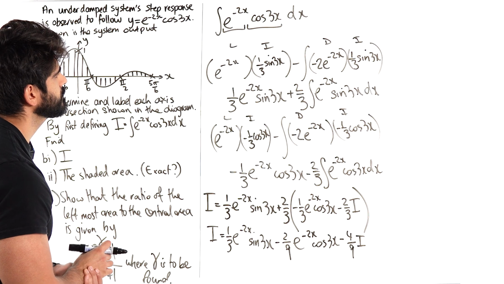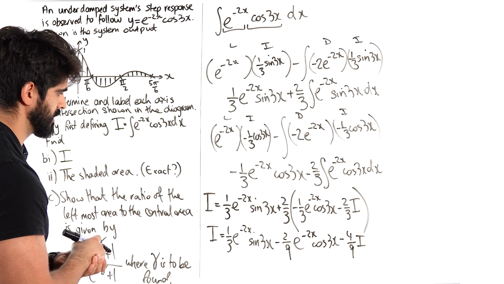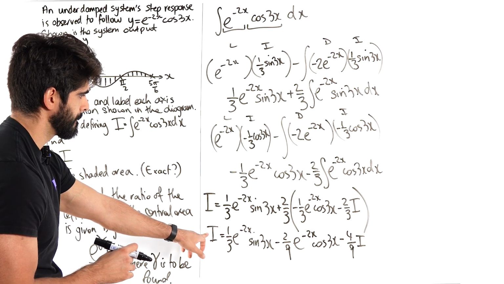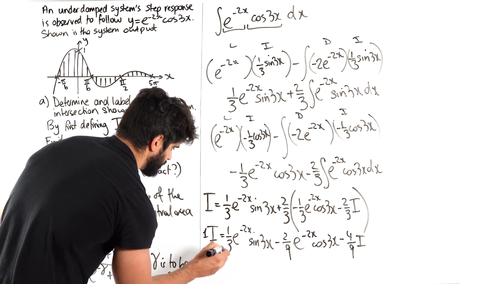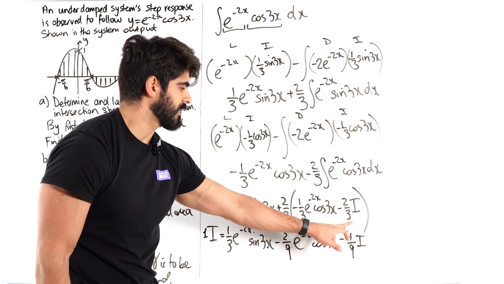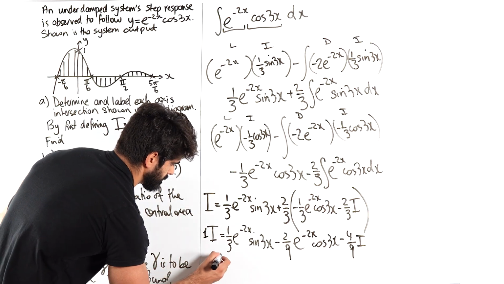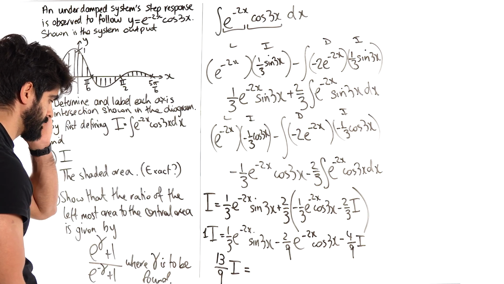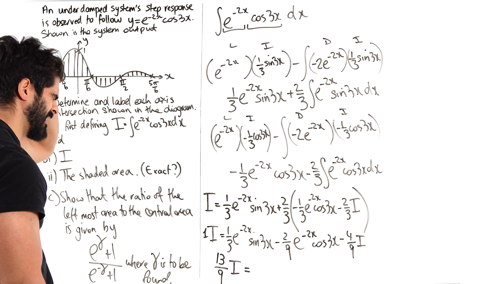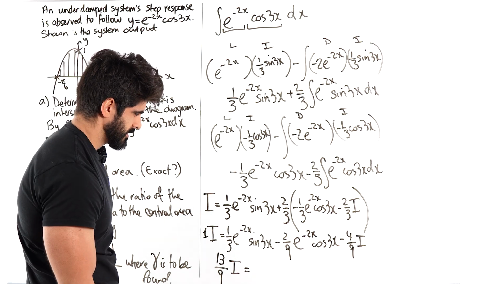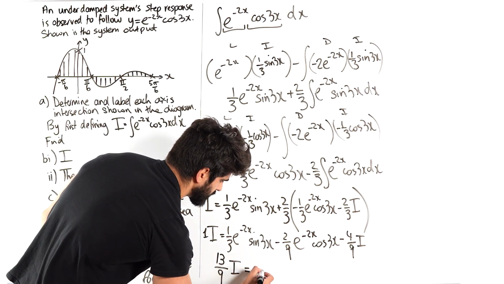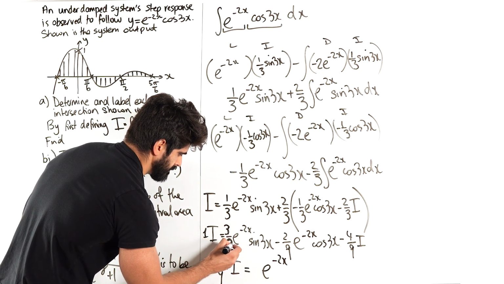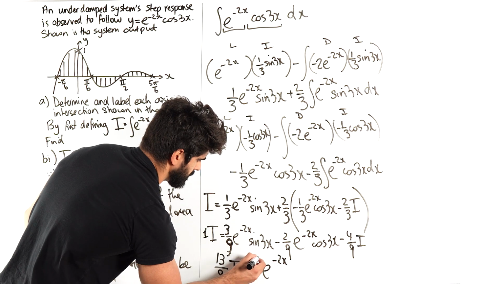Okay. And so I could bring that to this side, because that's already a 1, right? 1 plus 4/9 is 13/9 I. So I think it's a good idea to factorize right now. e^(-2x), change that to 3/9, so I can take out the 1/9.